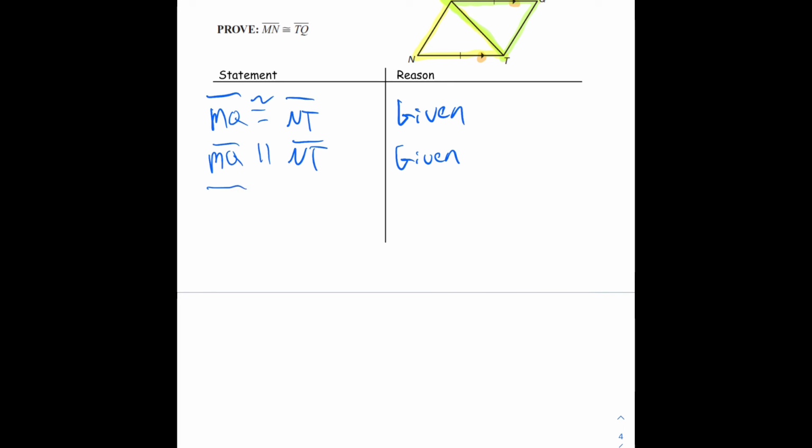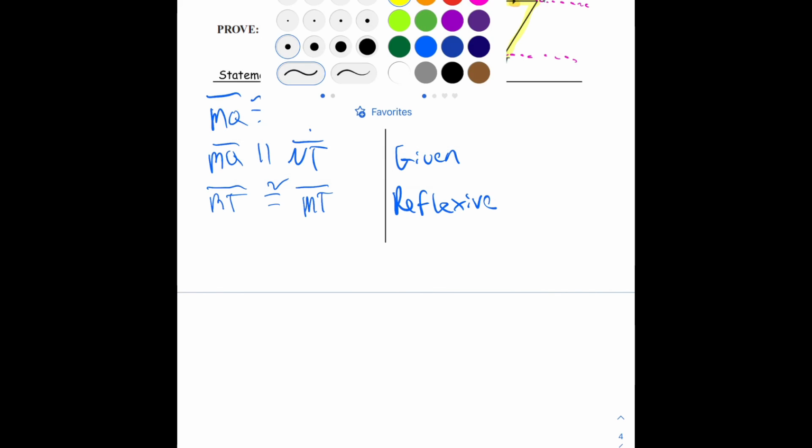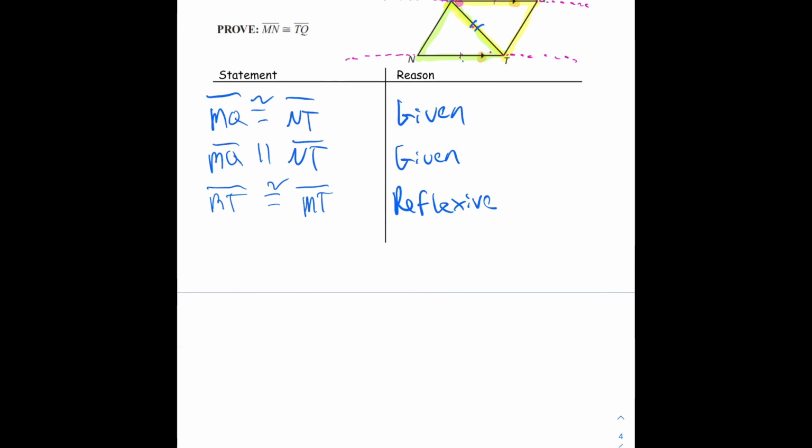So I'm going to say that MT is congruent to MT by the reflexive property. So as I look at these parallel lines, I know that they extend forever. And then I can pretend that MT is a transversal. So if I look at this, and I'll highlight it here, I see that I have an angle right here and an angle right here, which, if we can remember, two parallel lines cut by a transversal that are on opposite sides but inside of our parallel lines, we call that alternate interior angles.